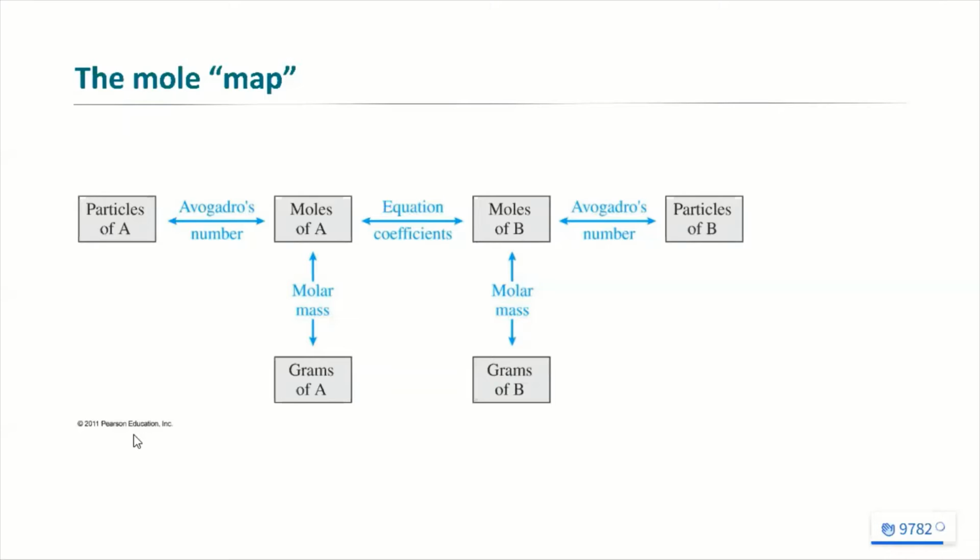The only thing that's different is that instead of going within the same compound, we've now separated one compound, which for lack of a better term we're going to call A, and another compound, which we're going to call B. And the relationship between A and B comes from the middle, the balanced chemical equation.